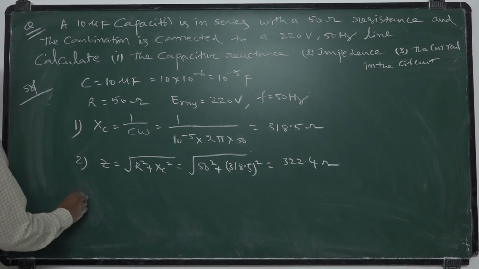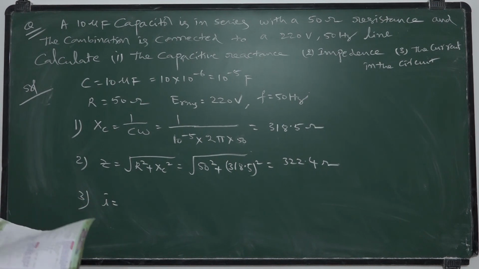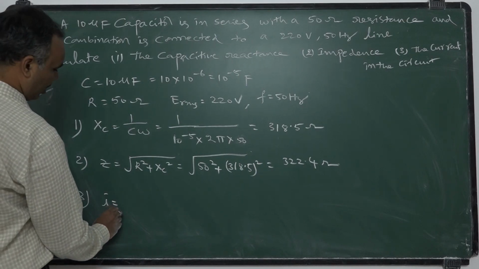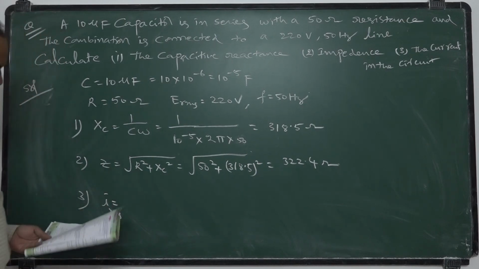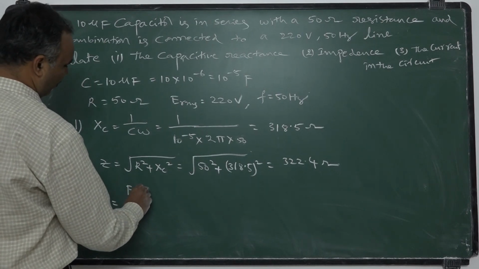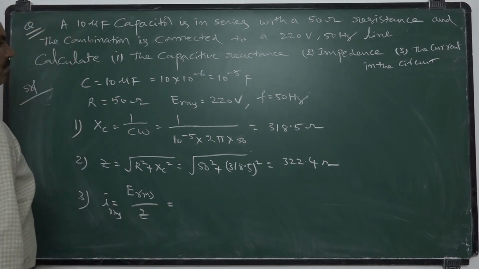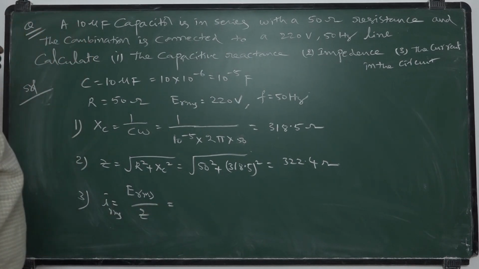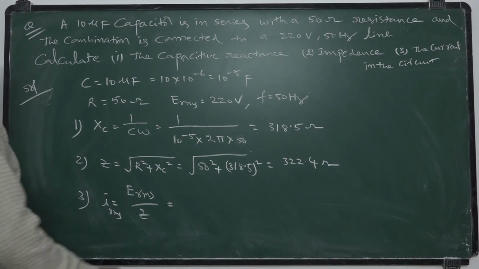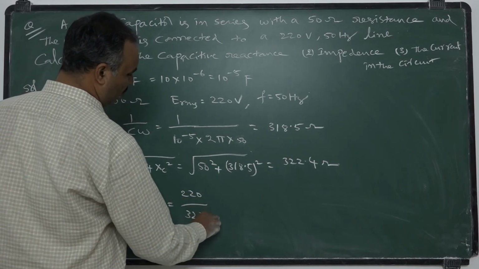Next, the third one, they asked the current in the circuit. The current in the circuit means IRMS, the value of the current. IRMS is given by ERMS by Z impedance. ERMS is 220 by impedance is 322.4.